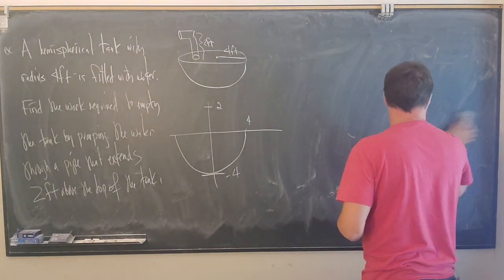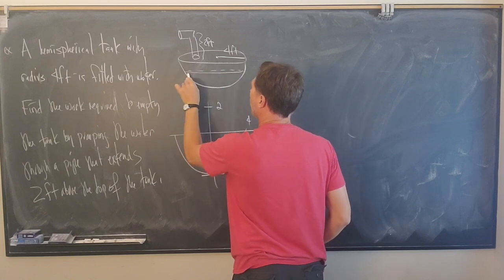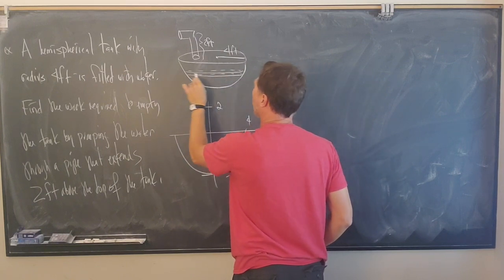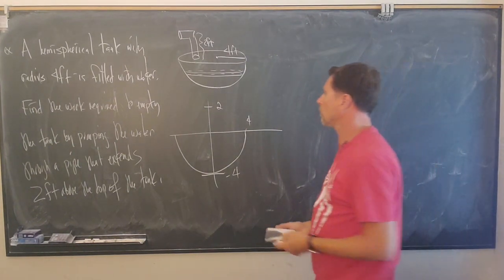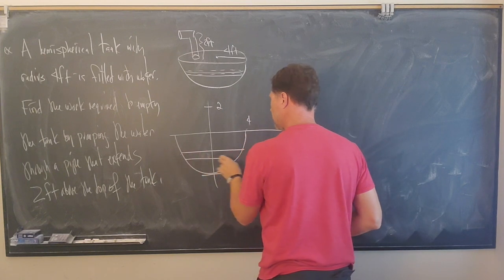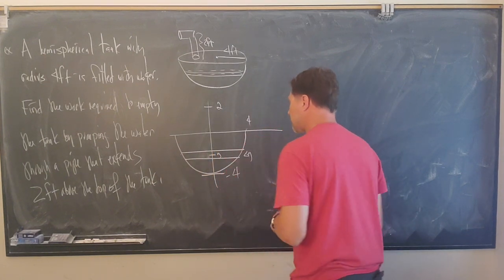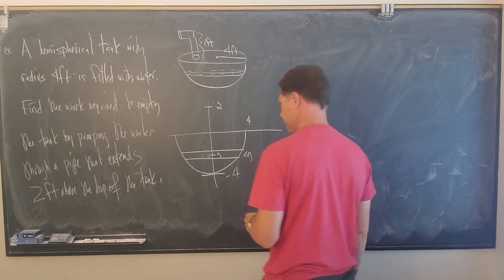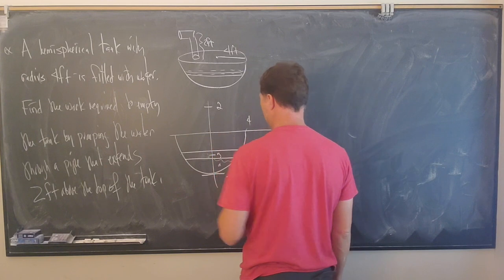Once again, if we take a slab of water, it's not a perfect cylinder, but it's roughly cylindrical. The corresponding picture here. If we take a slice of water like that at position Y, thickness delta Y, let's label that A again.